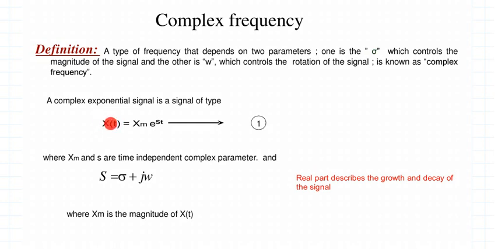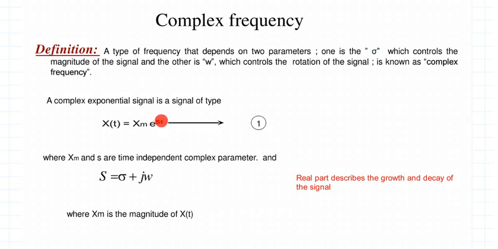It means that when I have expressed x of t as x_m into e raised to st, the magnitude is a function of time and the frequency is a function of time. It means that both these quantities are functions of time. They are somehow related to time.